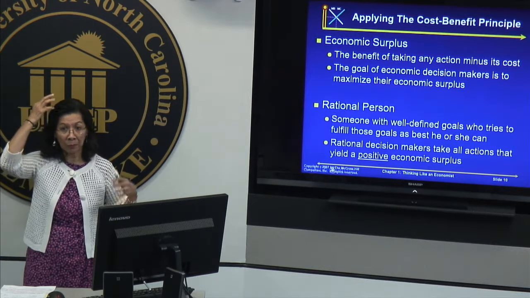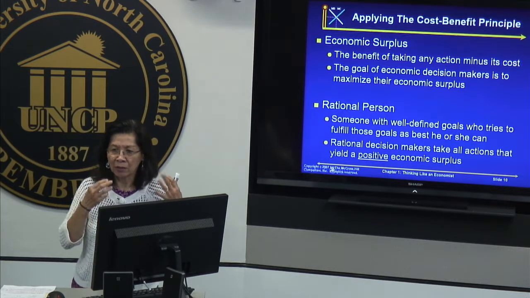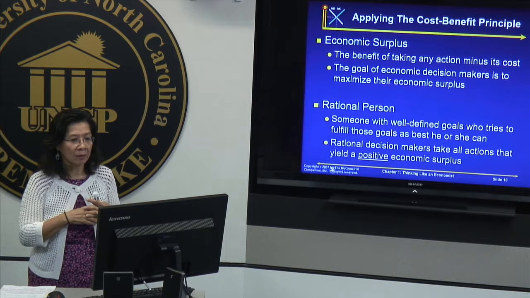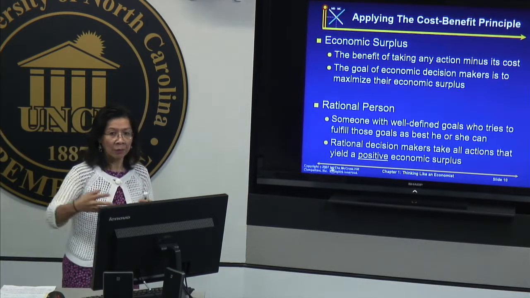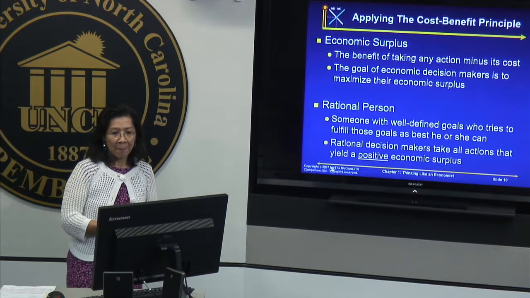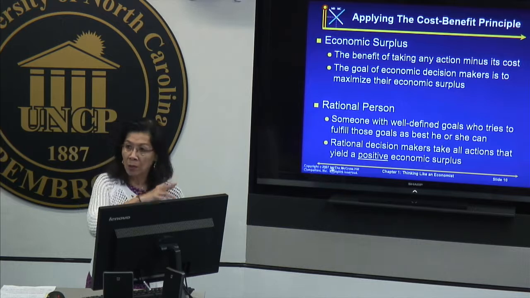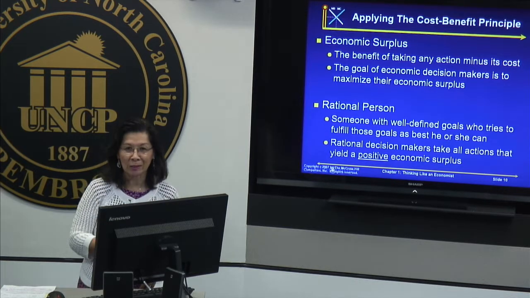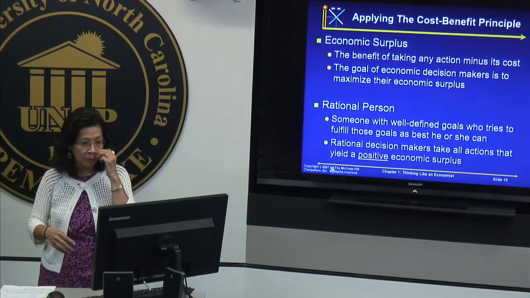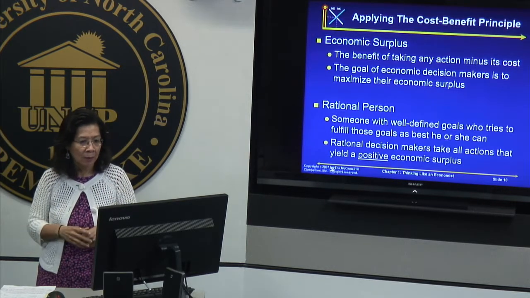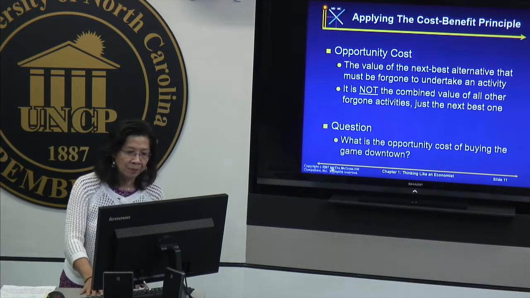Then we start scratching our heads and say, that's not being rational. Because if you're rational and you have a positive economic surplus, yes, you will take the class. That's what a rational person would do. But if you decide, even though you have a positive economic surplus, not to take the class in this example, then we say you're irrational. So that's the definition of a rational person.